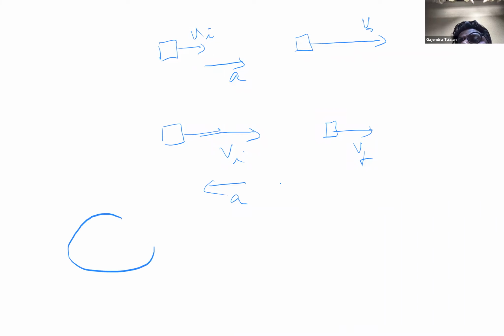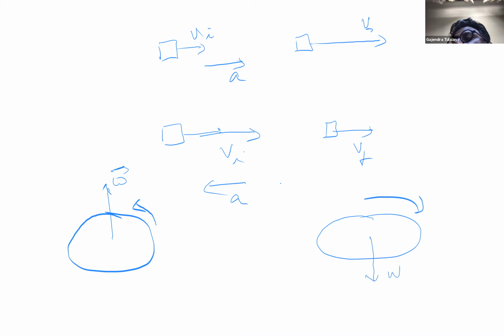Let's say here's an object that is rotating. If it's rotating like this, that's the direction of the angular velocity. And if it's rotating like this, that's the direction of the angular velocity. Now, if the object is speeding up, that means the rotational rate is speeding up, then alpha points in the same direction.